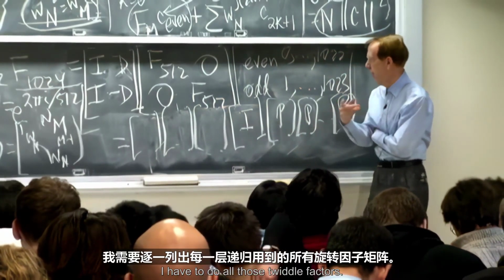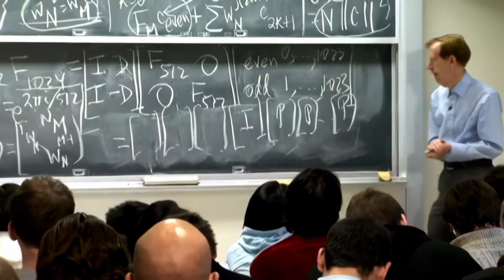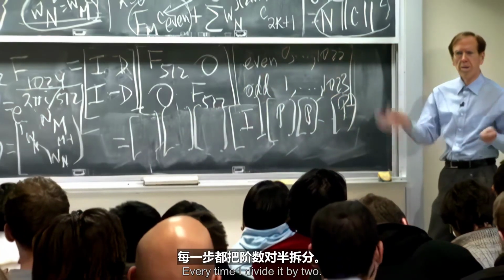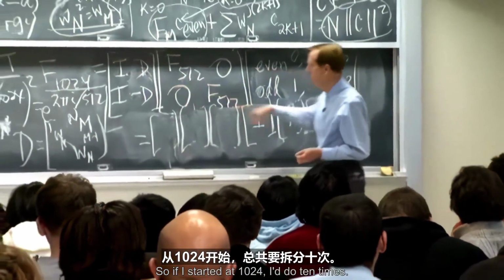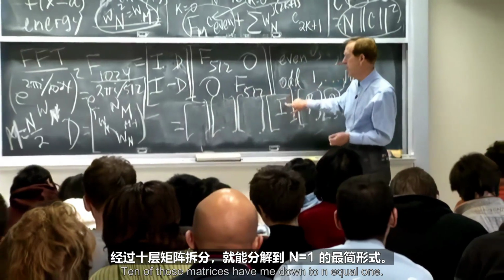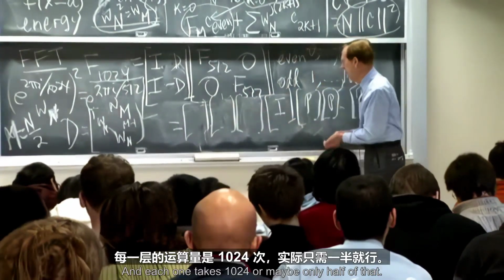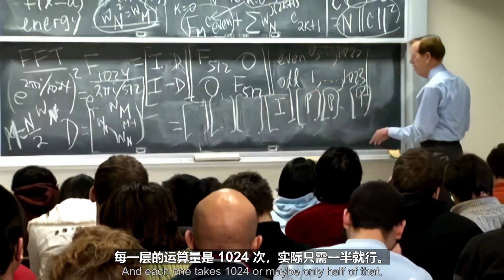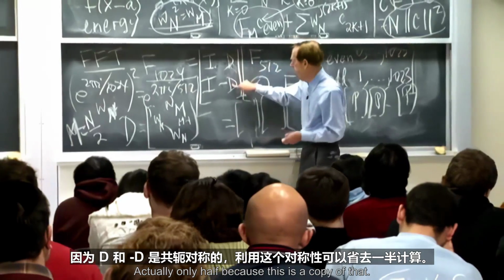I have to do all those twiddle factors. So how many matrices are there? It's the log, right? Every time I divide by 2. So if I started at 1024, I'd do 10 times. 10 of those matrices have me down to n equal 1. So I've got 10 of these, and each one takes 1024, or maybe only half of that. Actually, only half, because this is a copy of that.